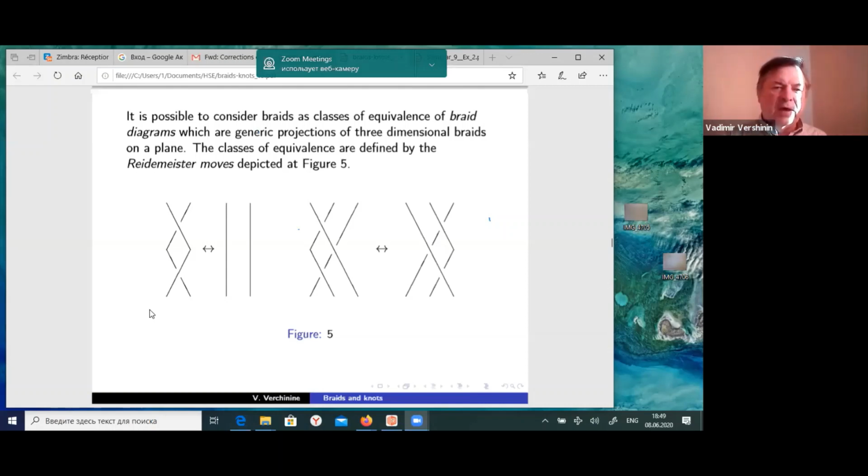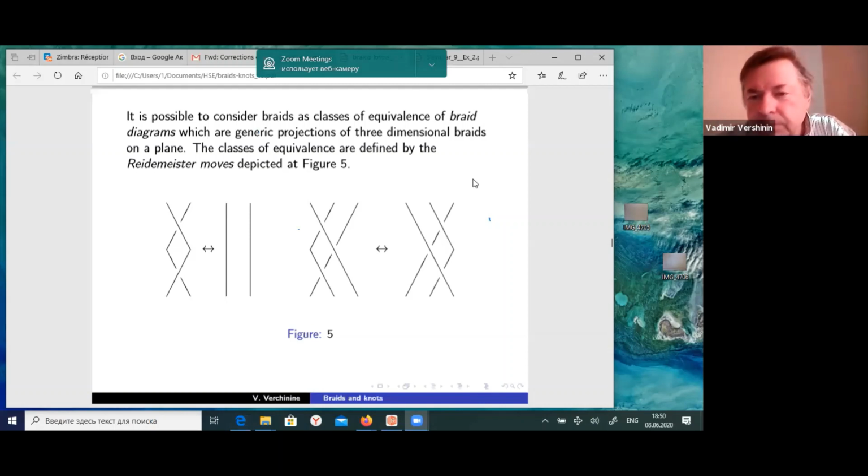You can define the multiplication of braid diagrams, and you'll see that Reidemeister moves are okay with respect to multiplication. So you will have an object which will be the group: the class of equivalence of braid diagrams with respect to the Reidemeister moves.